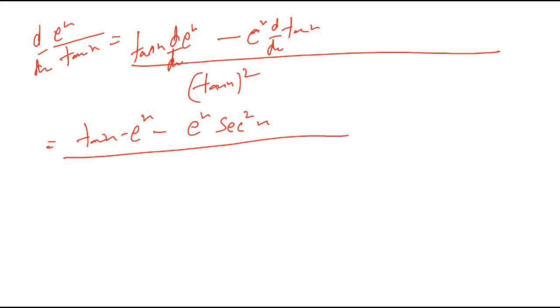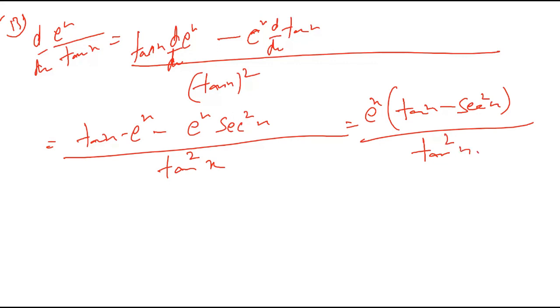The denominator will be tan square x. Furthermore, I can take e^x common, and the remaining part will be tan x minus sec square x, all over tan square x.